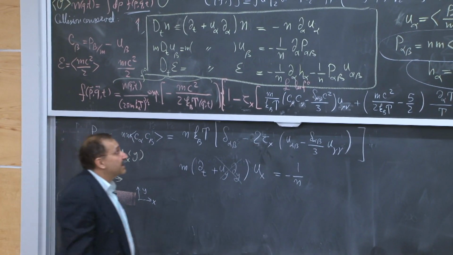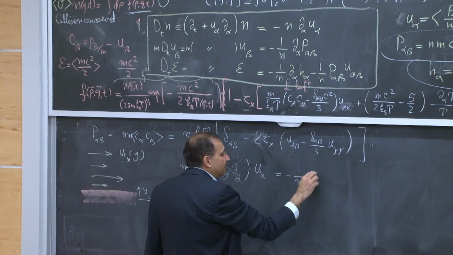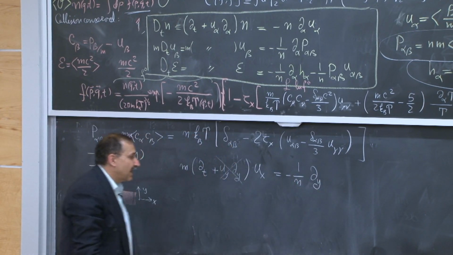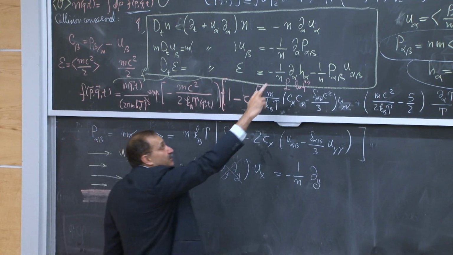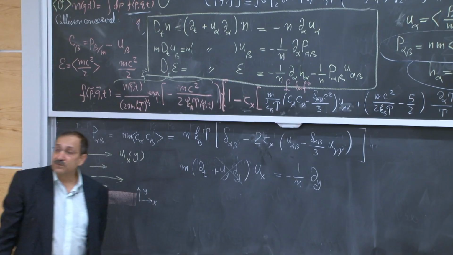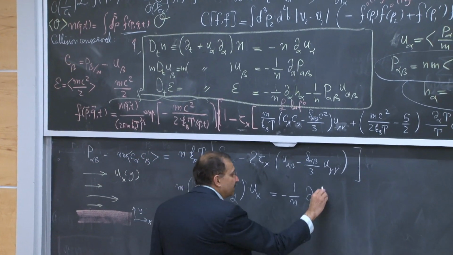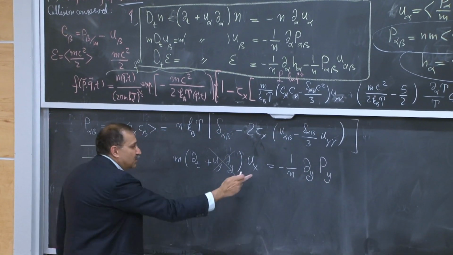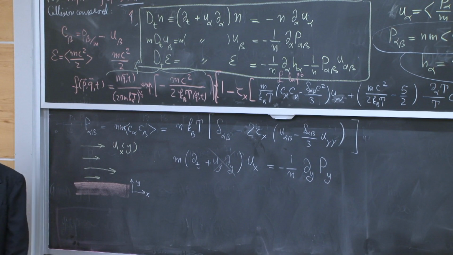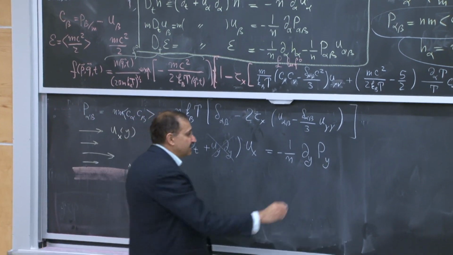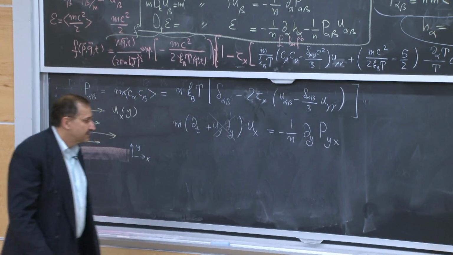Again, the only variations that I'm allowed to have are along the y direction. So I have, when I do the summation over alpha, the only alpha that contributes is y. And so I need the pressure y, but I'm looking for velocities along the x direction. So the other index better be x. Okay?